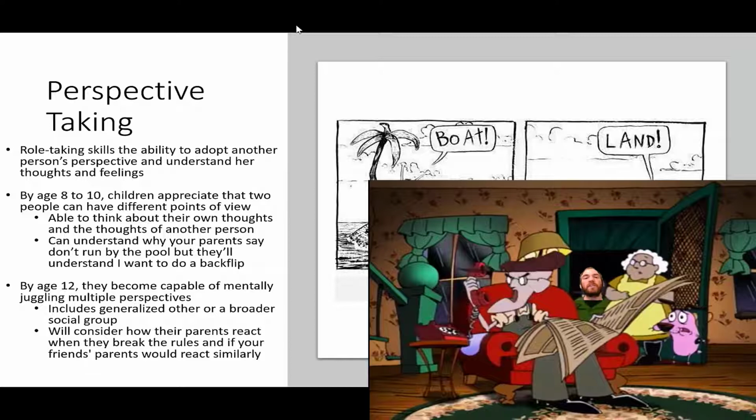But not only that, as children continue to age, they're able to think more in abstract terms and use their role-taking skills in more abstract ways, including this generalized other, which is just this hypothetical other person representing the norms of a culture that I can keep in my head and then weigh.